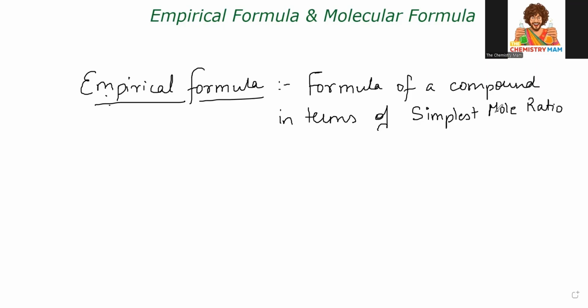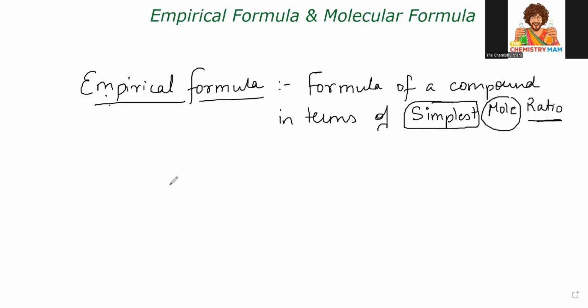So that means first you will have to calculate moles of the elements present in the compound. Then you will have to take the ratio of those elements, moles of those elements, and then you have to just simplify that mole ratio.